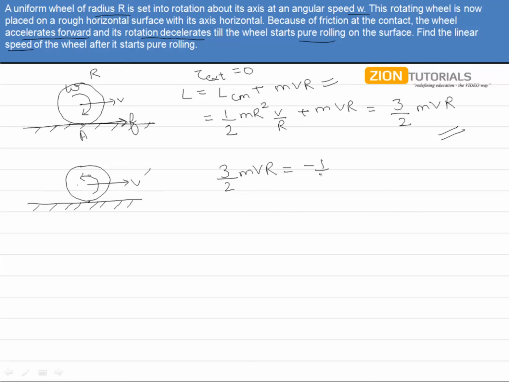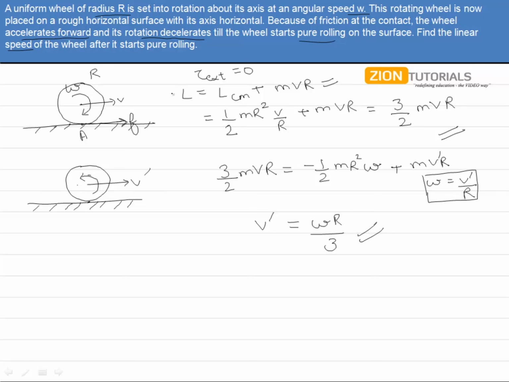So we will have minus half mr square into omega, and secondly, due to this v dash velocity, we will have plus mv dash r, because about this point it will give a clockwise angular momentum. Putting omega equal to v dash by r, because it is in pure rolling, so this actually holds, we can find v dash from this to be omega r by 3.